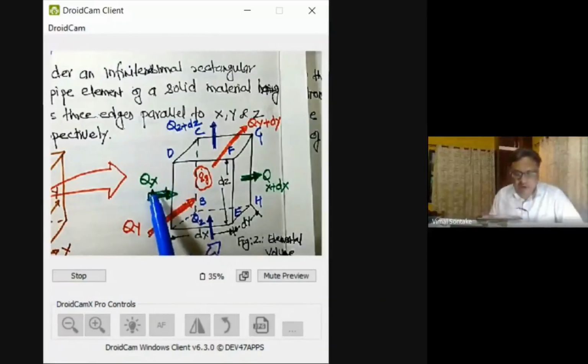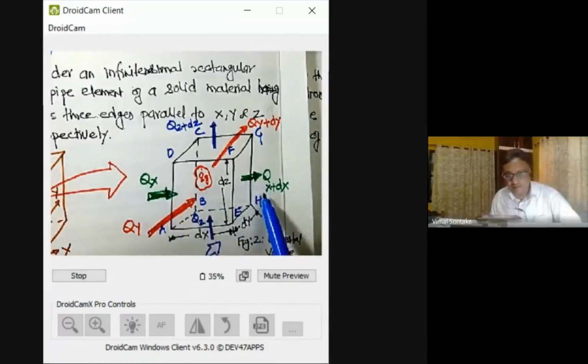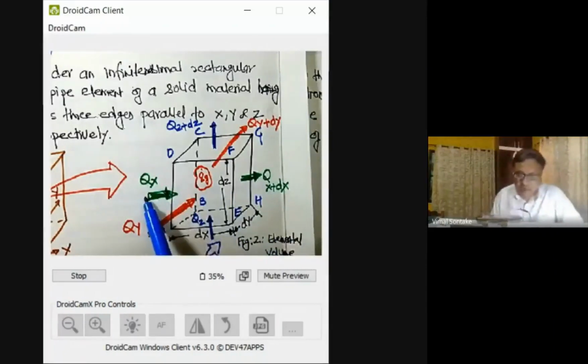So let us write down the equation for this qx. Similarly, heat is also leaving out from this element at a distance of x plus dx, represented by the term qx plus dx. So their effect can be taken into account by writing equations for them. Now, these are one-dimensional heat transfer.